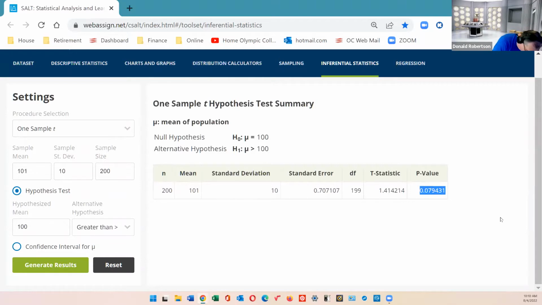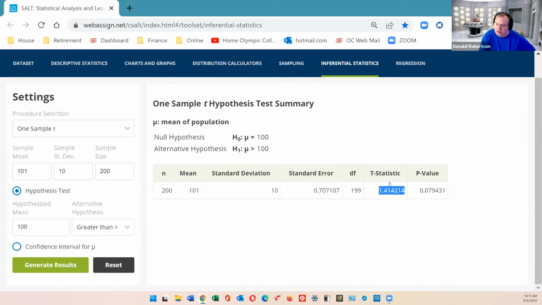So our p-value is 0.079 and some more digits. Now, there are some other data points here that you can be asked for. For instance, they very often ask you for the test statistic. In this world, it's the T statistic.